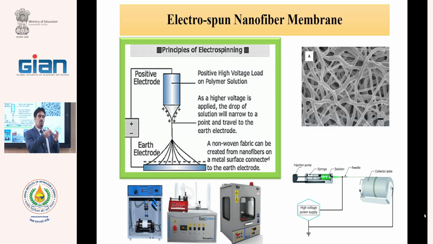When we have microfibers, the pores between the fibers will be big, okay, and they will be filters, not membranes. For fabrication of the membrane, we must produce fibers with very thin diameter, nanofiber, okay?